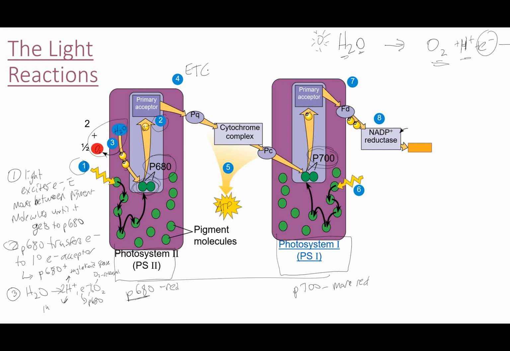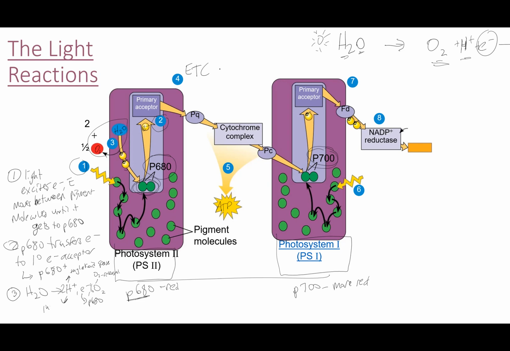So we have electrons, and we're going to move them down through a series of molecules, and we're going to use their movement to pump hydrogen ions to make more of a gradient, and then we're going to use that hydrogen ion gradient to make ATP using what enzyme? ATP synthase, okay? So step 4 is the electron transport chain.